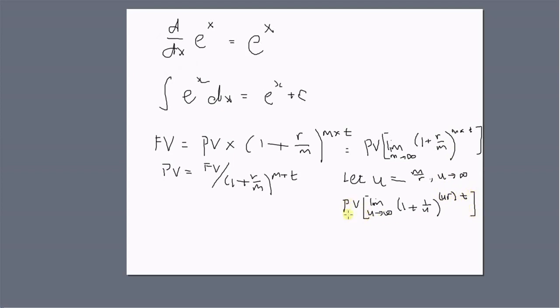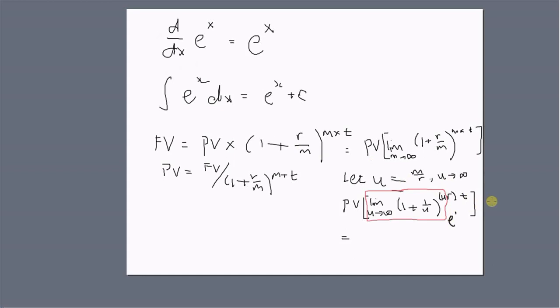Okay, so this expression, let me change the color. If you look at this expression and solve it, it will become the exponential function, e to the power of 1.